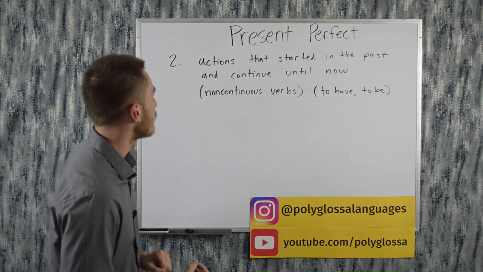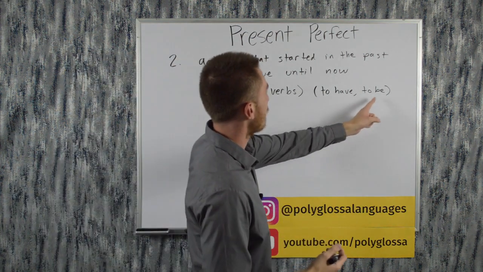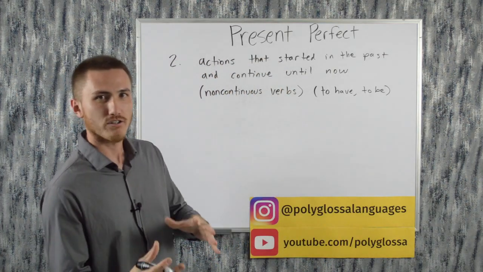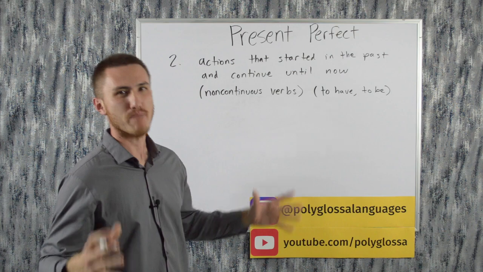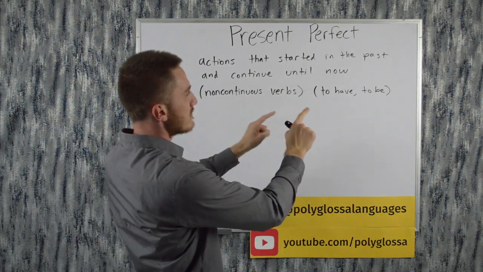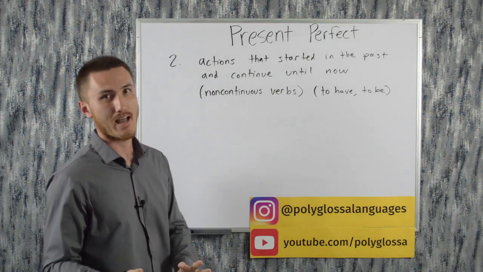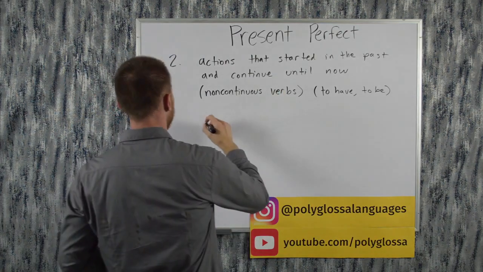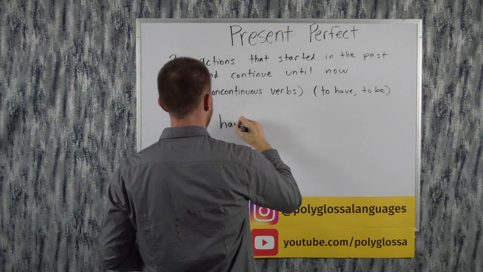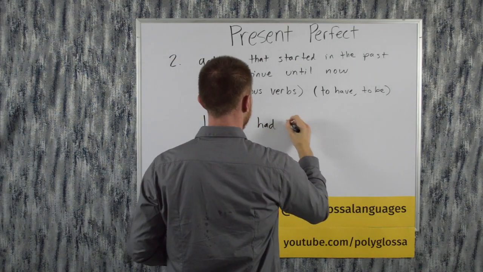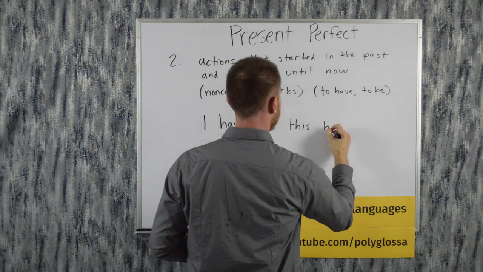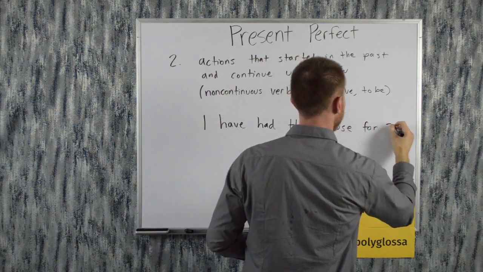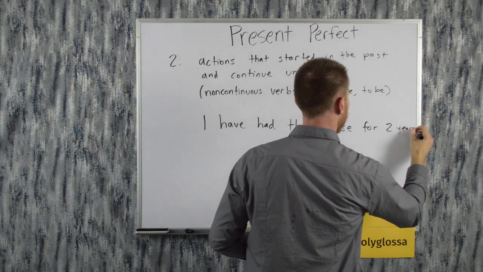So let's see some examples of this using our 2 verbs right here, to have, to be. There are some others, but not too many, right? These are the ones that will show up most of the time. So I just want you to worry about these 2, okay? For example, I have had this house for 2 years, okay?